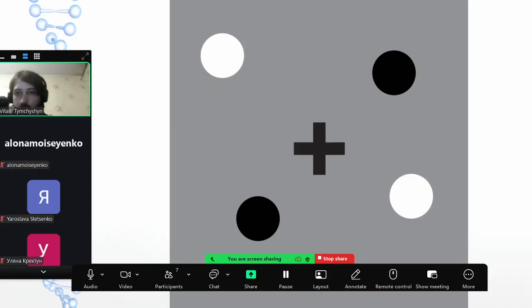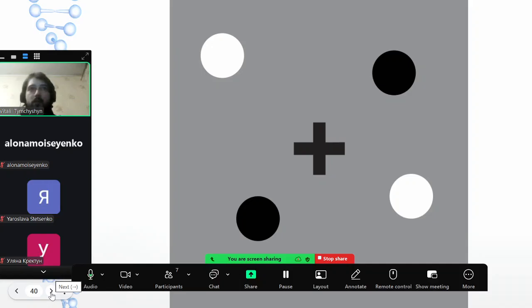So let me find where I have some clock here. I will measure, let's say, 20 or 30 seconds, and then I will switch the slide, and you should see some sort of after image.